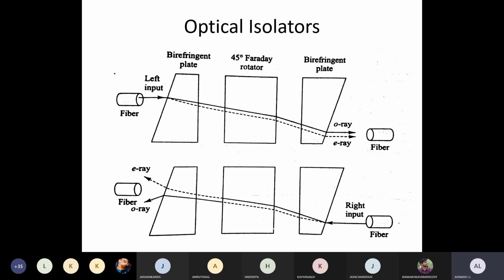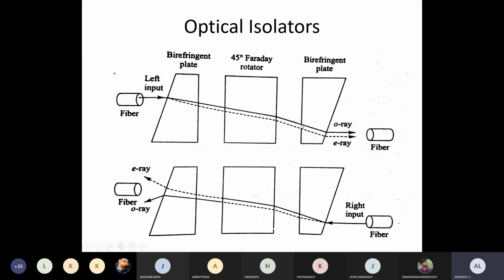Okay, that is exactly what is happening. And then what happens is the 45-degree Faraday rotator. Here the 45-degree Faraday rotator means that when the wave is incident on it, it will turn the signal by a 45-degree rotation. That is exactly the thing. After that, I can see the birefringent plate once again. Here what exactly happens?